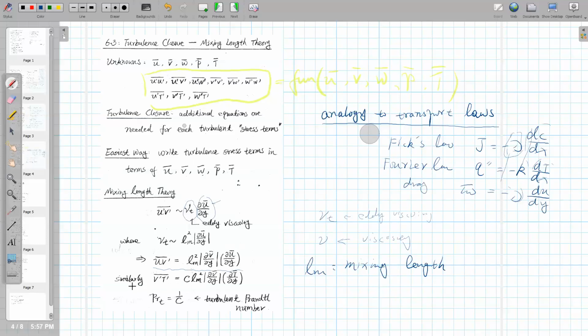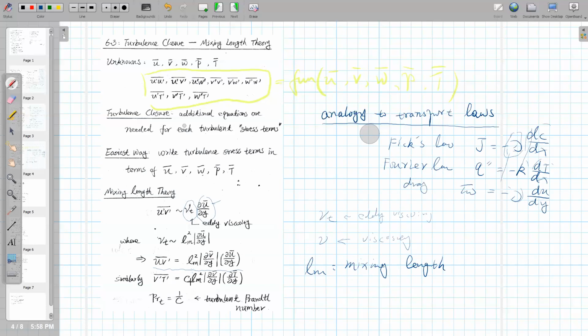Okay, and similarly for the temperature fluctuation correlated with the velocity fluctuation, we can have an additional factor, because that is a different length scale. This Lm for the velocity field and the Lm for this correlation may not be the same.